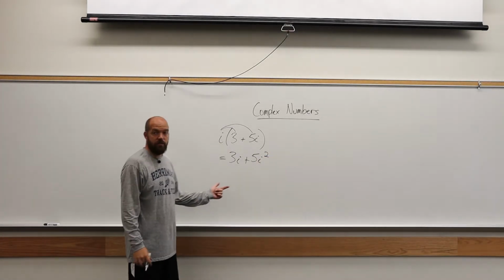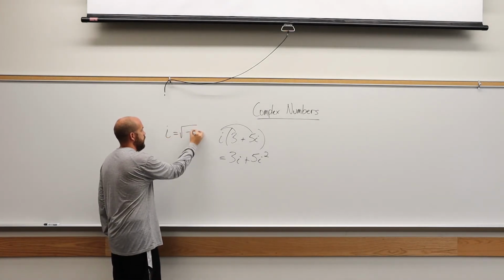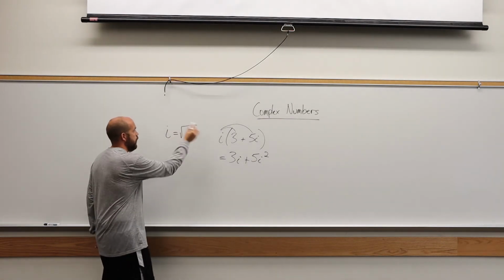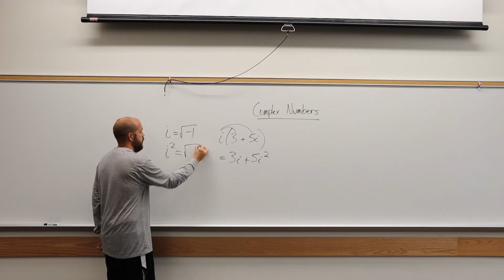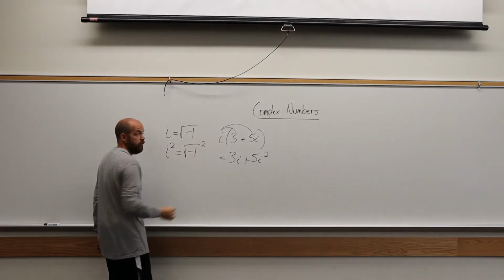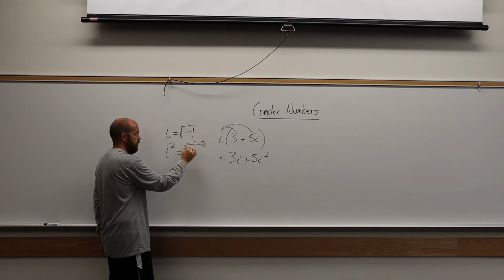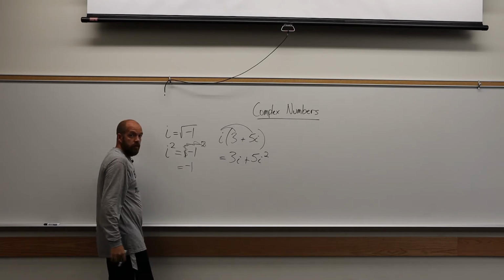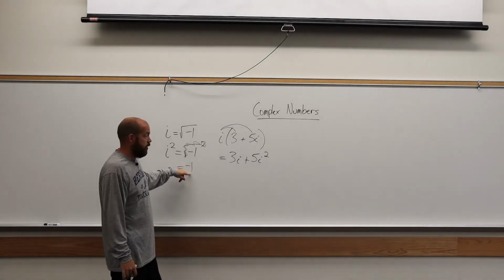If i is the square root of -1, then what is i squared? If I were to square both sides here, i squared would equal the square root of -1, squared. And then a square root and a square cancel each other. So i squared equals -1. If you ever see an i squared, you just replace it with a -1.